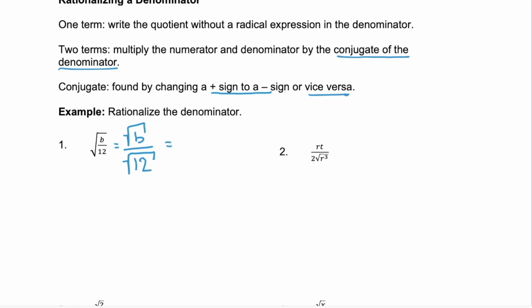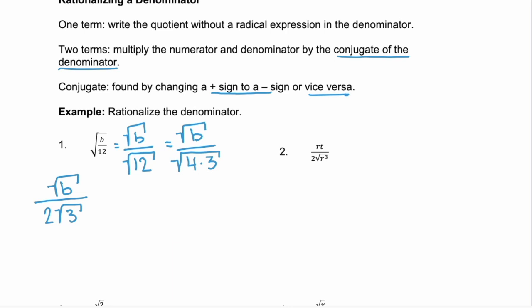We can't simplify the square root of b, so that stays as the square root of b. But notice that the denominator, the square root of 12, is the same as the square root of 4 times 3. And we can take the square root of 4. That would give us 2 square root of 3 in the denominator. And the square root of b stays in the numerator.